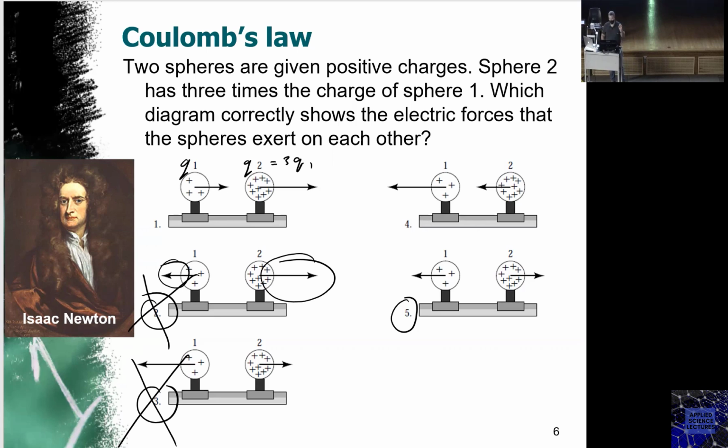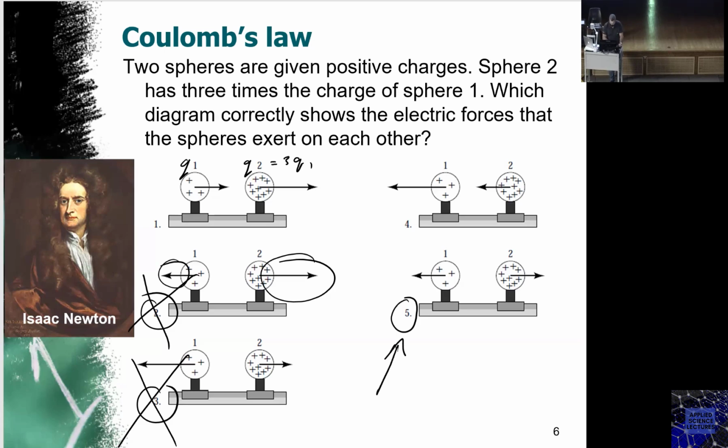Just keep in mind that the magnitude of the forces between two charges exerting forces on each other should be the same. What determines the direction of the force is either being alike or opposite charge, opposite polarity. Make sense? So the answer is 5.